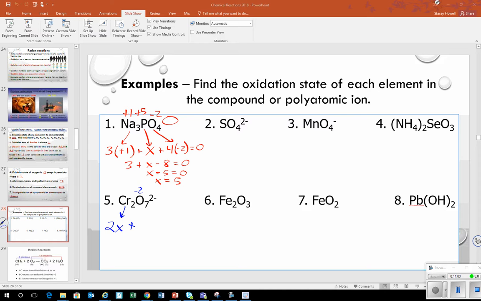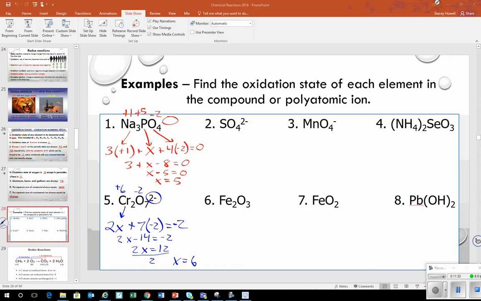Oxygen is -2, so 7 times -2 is going to equal the charge of that ion, which is -2. As I simplify, 2x - 14 = -2. Add 14 to both sides: 2x = 12. Divide both sides by 2, and x = 6. So I have a +6 for each chromium. So I'm just doing algebra.